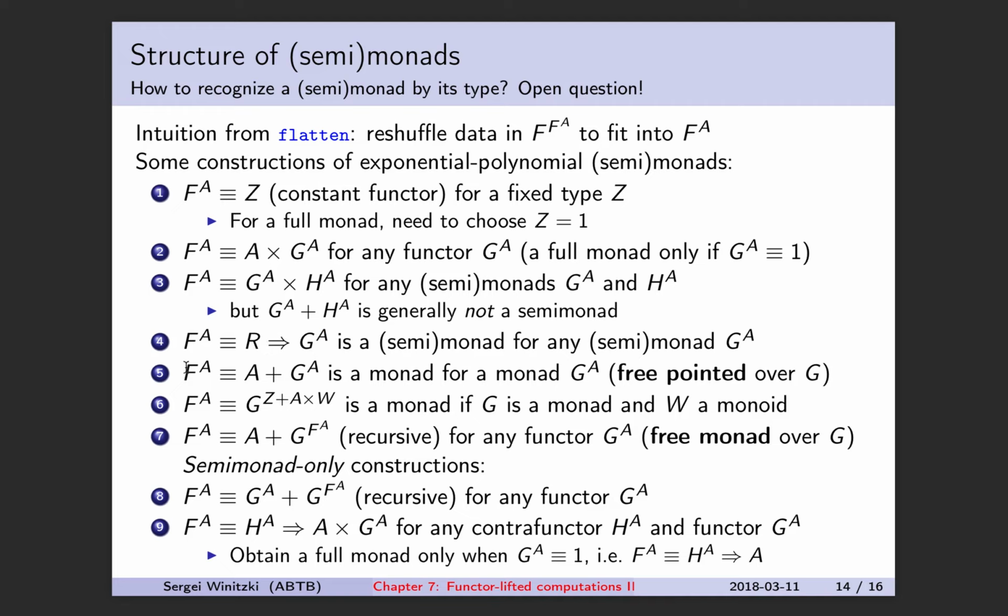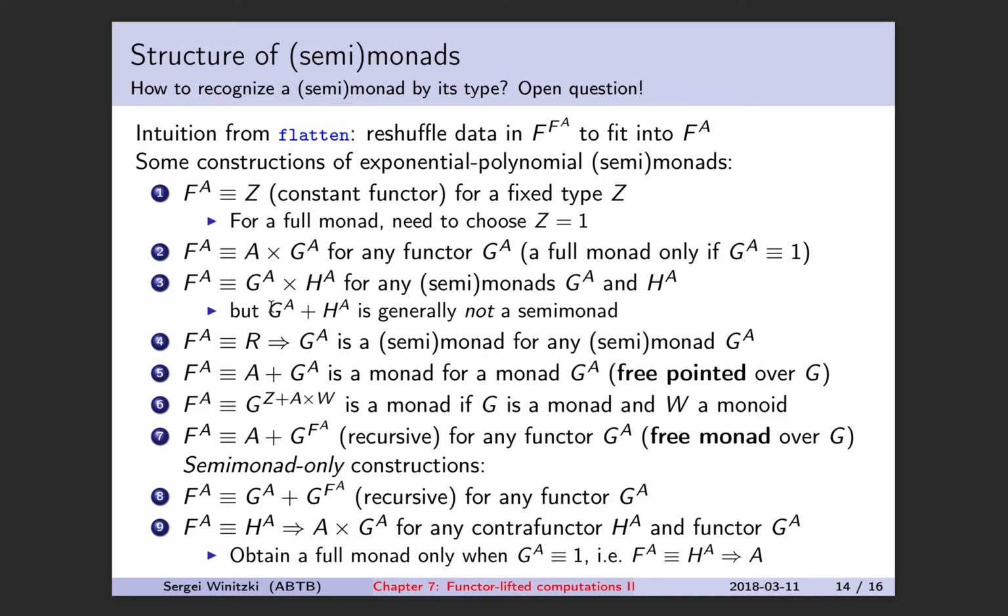So let us now consider construction 5. Construction 5 is an interesting one, not often seen. Basically, it's making a new monad by disjunction with the type A itself.